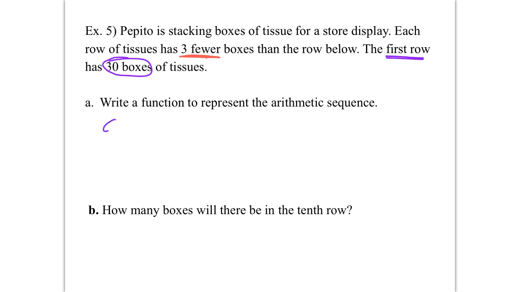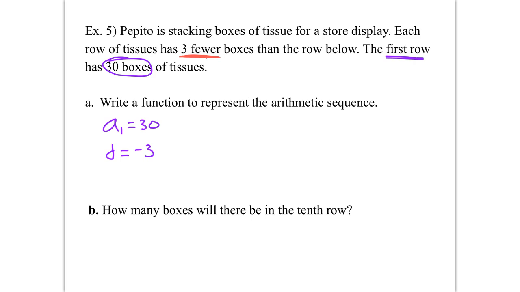I know my first term. My first term is 30. Right away. The first row has 30 boxes. And my common difference, that's going to be -3. And I'm saying negative because it has 3 fewer. You are subtracting 3 every time. If you say it has 3 more than the previous one, then you guys are adding 3. But right now, you guys are subtracting.